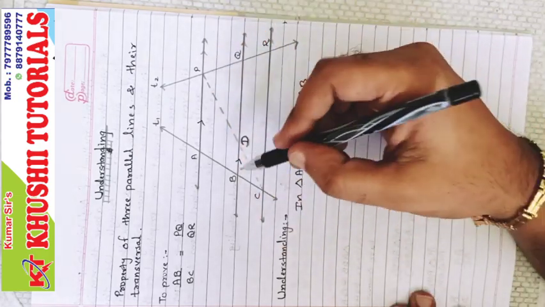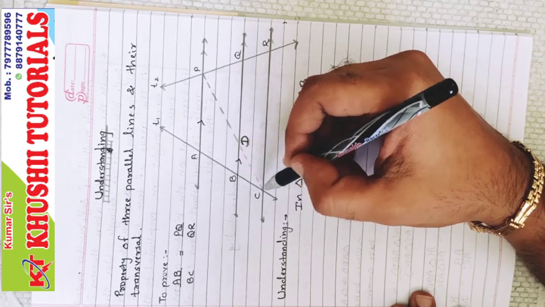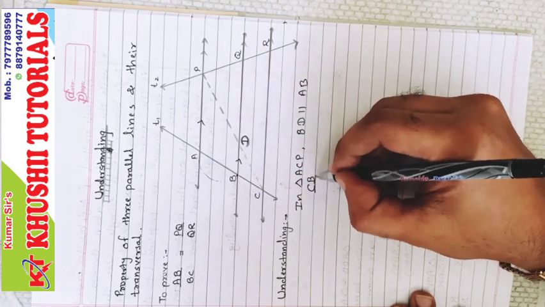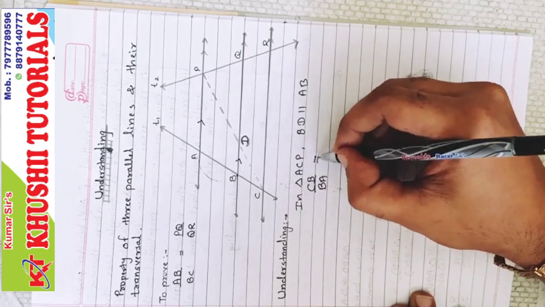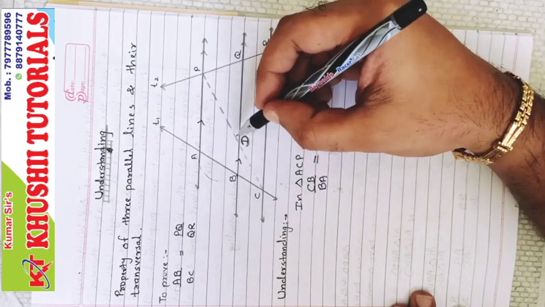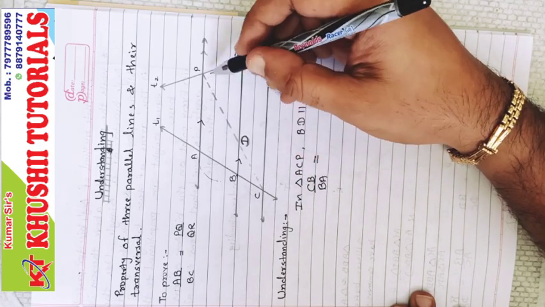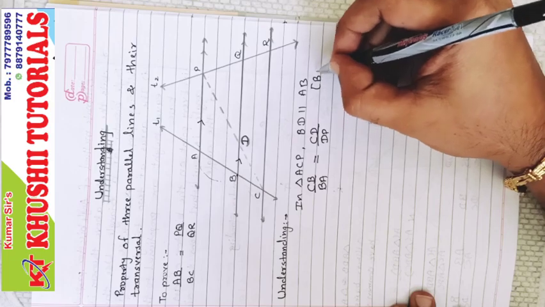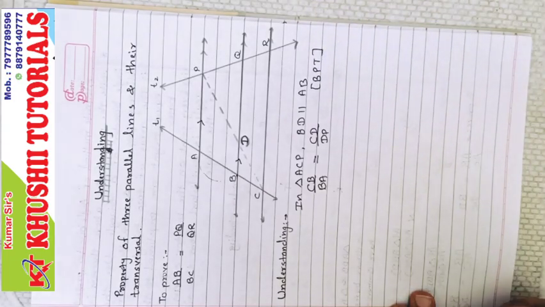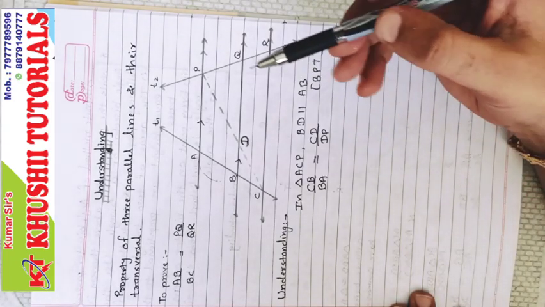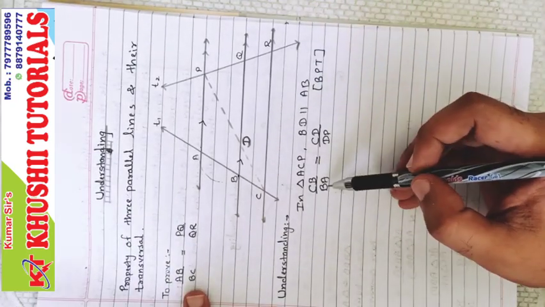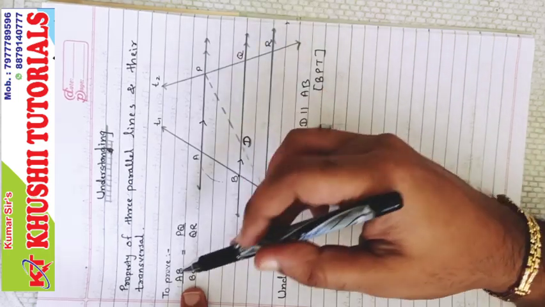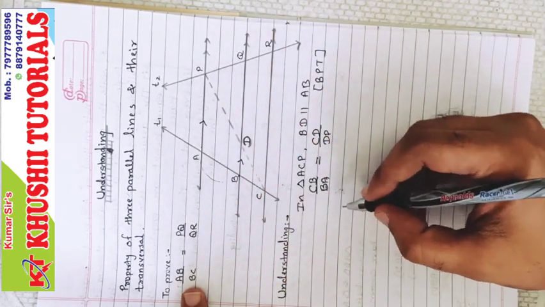Now CB upon BA equal to CD upon DP. And you know the reason, BPT, basic proportionality theorem. But we want AB upon BC. Here we got CB upon AB, but we need the reverse, AB upon BC, so we will do invertendo.